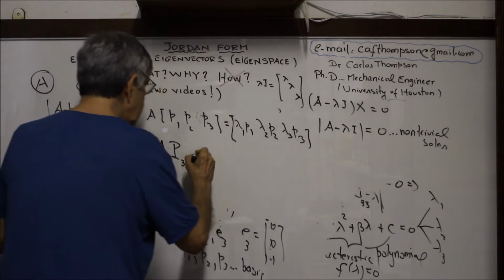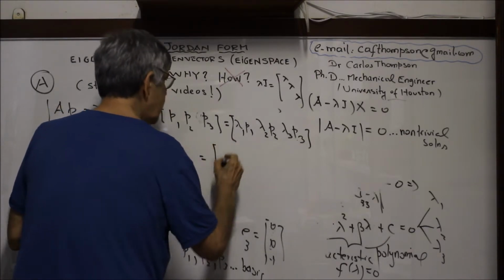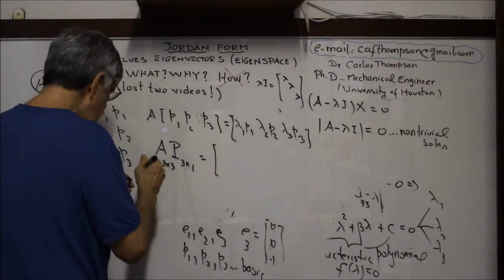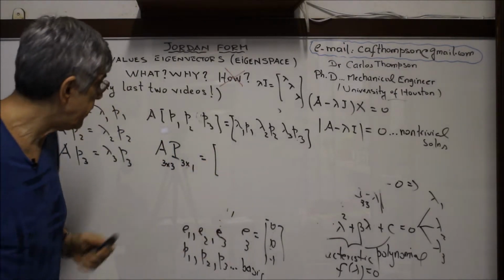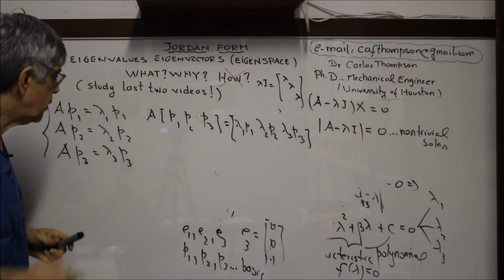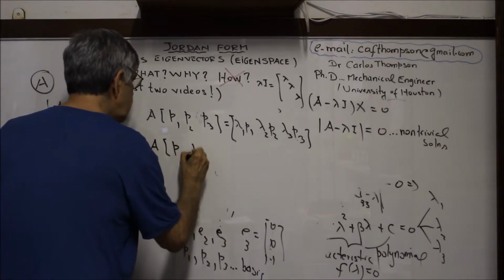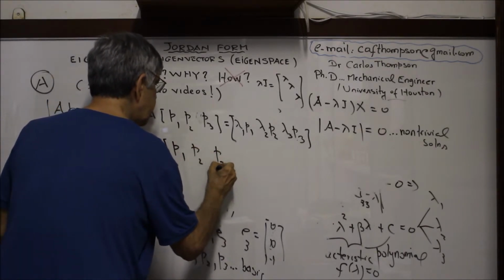Likewise, this one. How can I write this? I'll do better. I'll repeat this, just for you to understand better. Look, A times the matrix P1, P2, and P3.